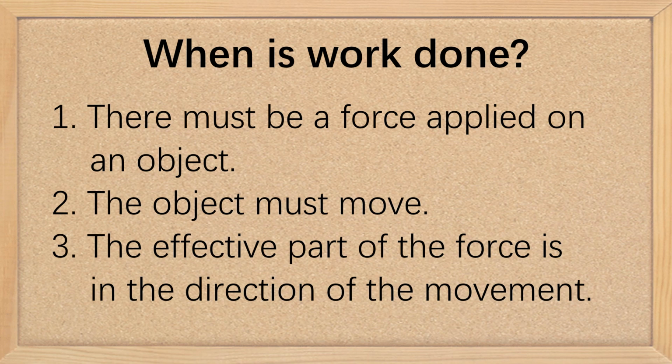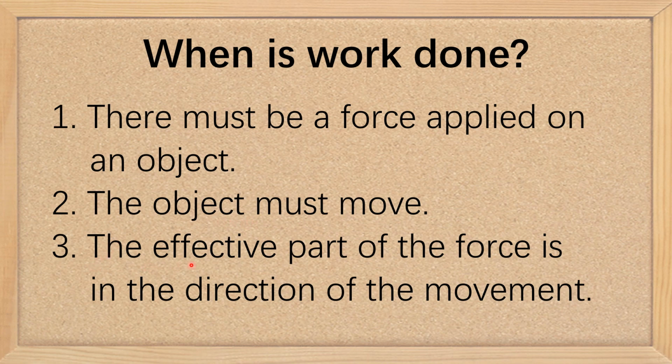In science, you can say that work is done if, number one, there must be a force applied on an object. Meaning, if you are using force, you focus the force on that object, like pushing or pulling the object. Number two, the object must move. Therefore, if the object is not moving, there is no work done.